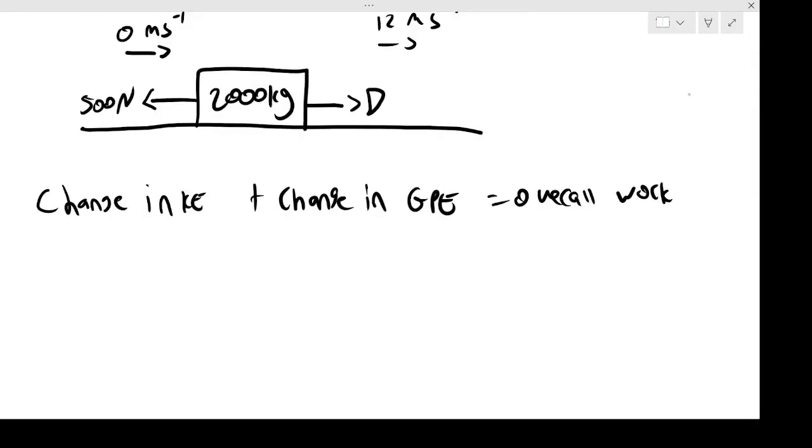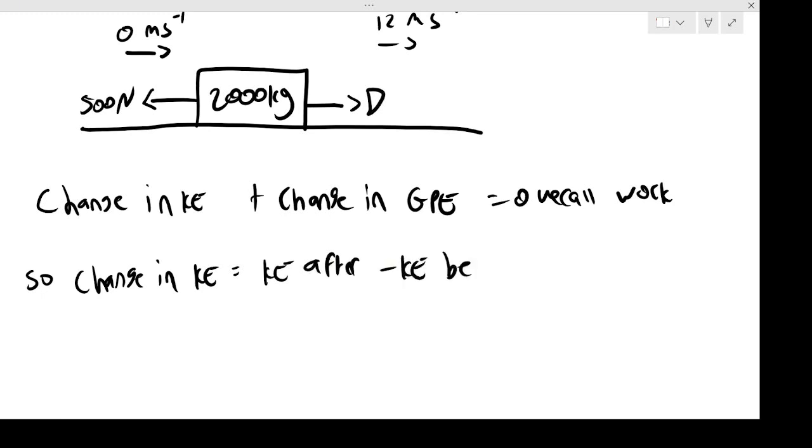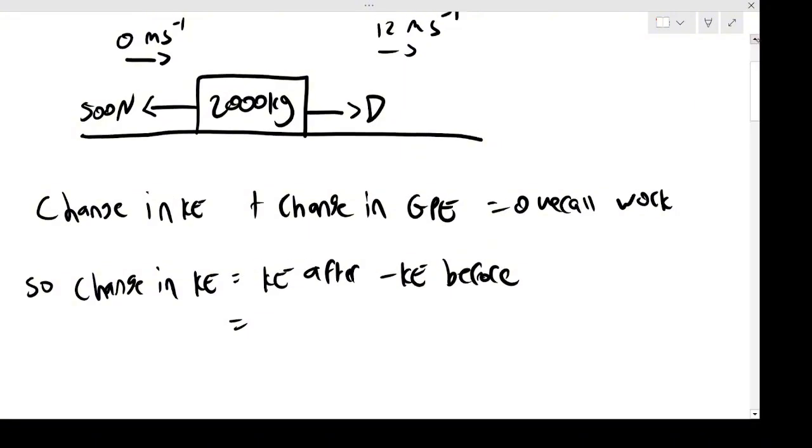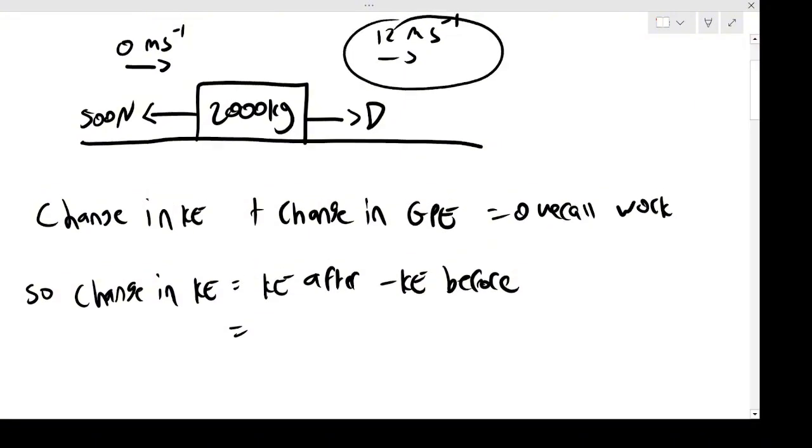Okay, so if I work all these out bit by bit, so firstly the change in kinetic energy, well, remember that's always going to be the kinetic energy after, take away the kinetic energy before. So in this case, kinetic energy after, well, the speed is 12, so it's going to be half times the mass, which is 2,000, times by 12 squared.